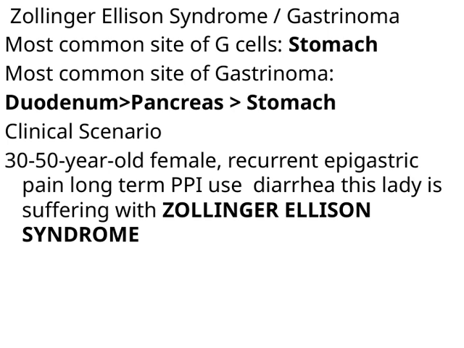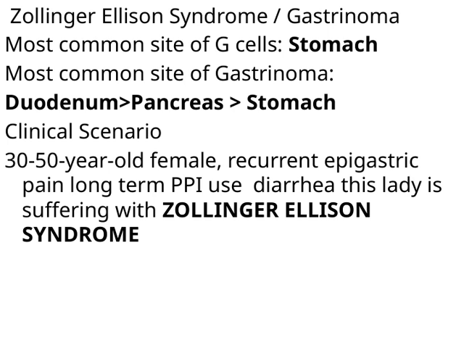Now, to connect this with clinical practice, imagine a patient, a woman between 30 and 50 years old, who's been experiencing recurrent epigastric pain over a long period. She's been using PPIs or proton pump inhibitors to manage her symptoms, but she also develops diarrhea. These signs and symptoms, especially in someone with long-term PPI use, should raise suspicion for Zollinger-Ellison syndrome.